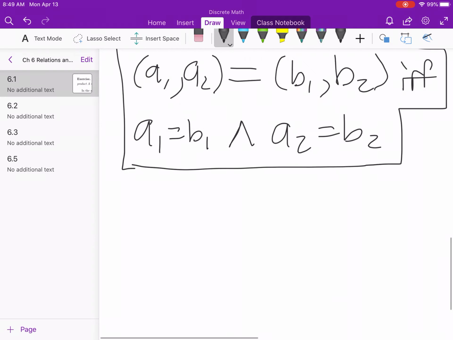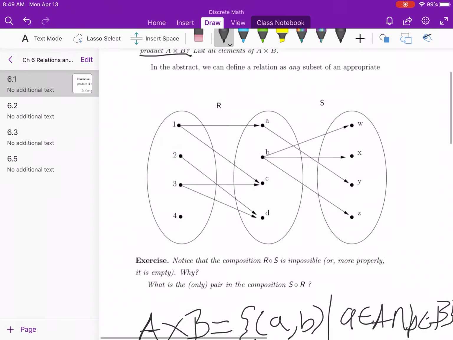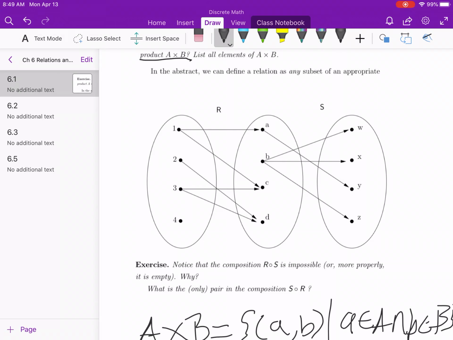All right, let's look at the second thing up here. This says the composition R compose S is impossible, or more properly, I guess it's empty. Why? Well, if we're going to take R and compose it with S, I start in this set that I'm drawing, and then I'm going to go over to this set.